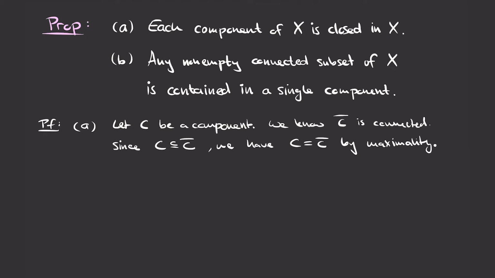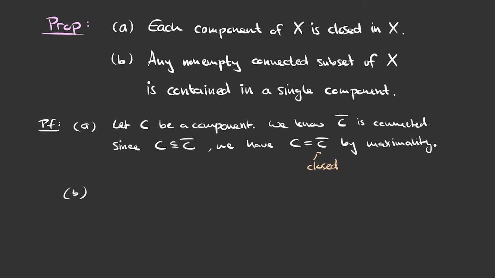So it's not possible for C to be a proper subset of its closure because otherwise we would contradict maximality, therefore C has to equal its closure. But we know that the closure of any set is closed, and because C is equal to its closure, it means that C is closed. So that proves part A of this proposition.